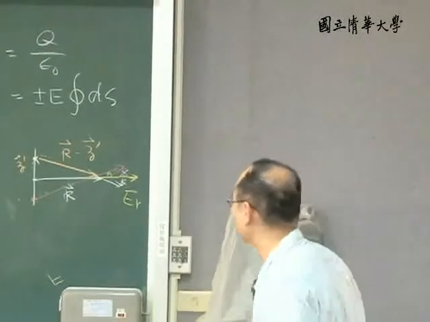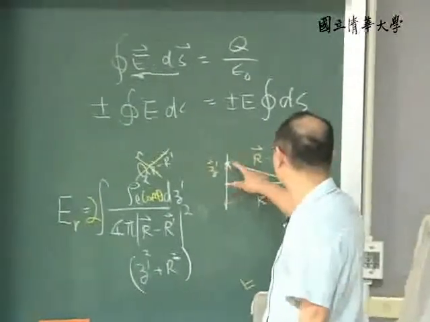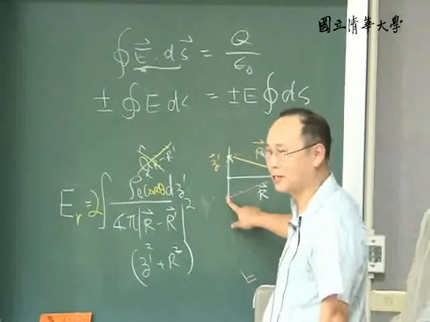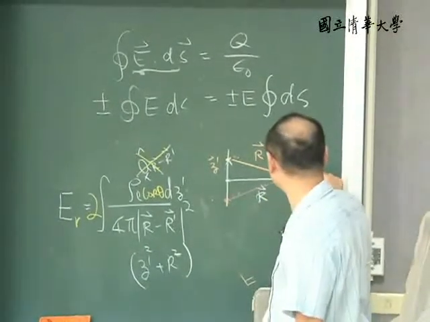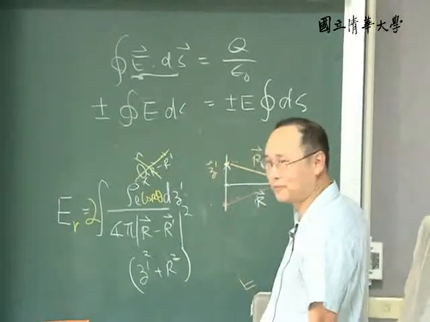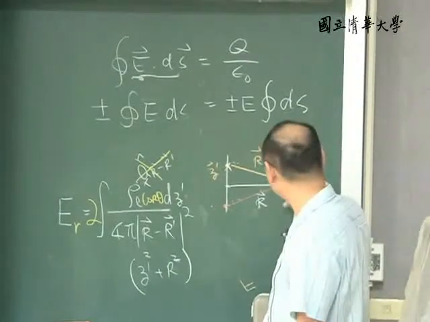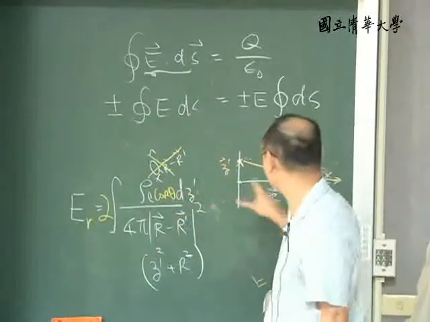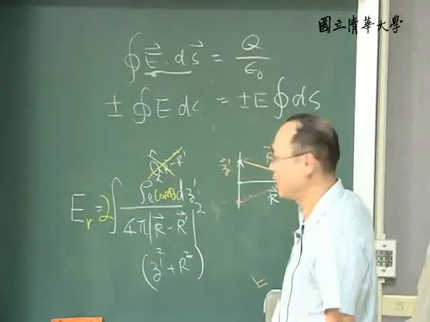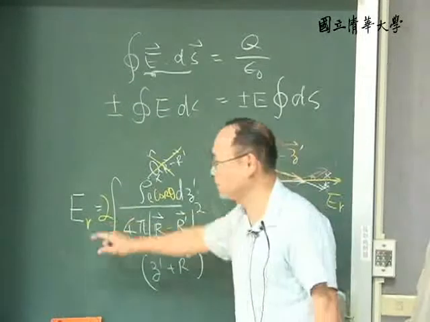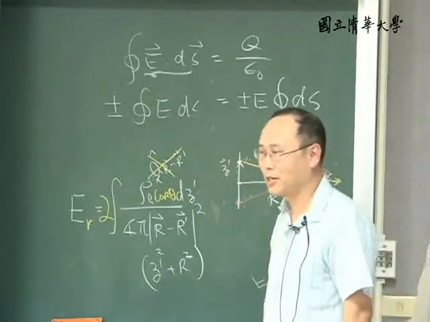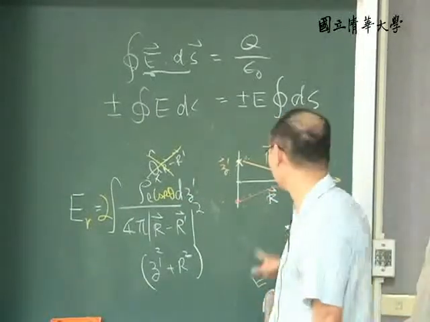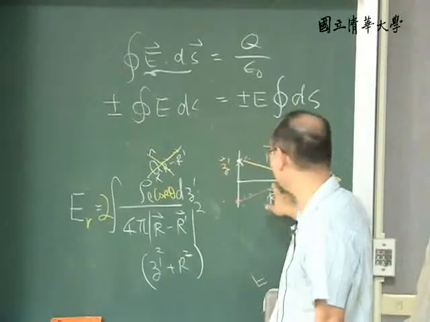Okay, let me explain once more. You first calculate the magnitude of the field coming from this point, but you know there is a symmetry point, so the transverse components of the field cancel. So all you care about is the projection of the field onto this direction. Therefore, you multiply with this cosine theta. But because you have 2 points, you multiply with a factor of 2. Then we come to worry about what cosine theta is. Cosine theta is very easy to calculate, right?